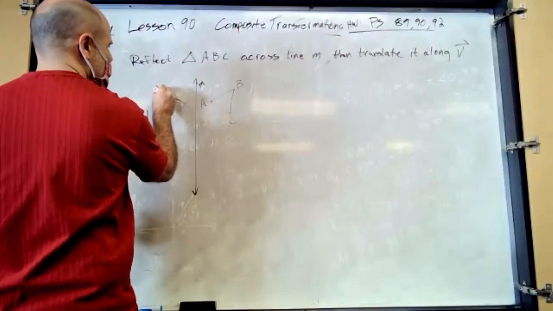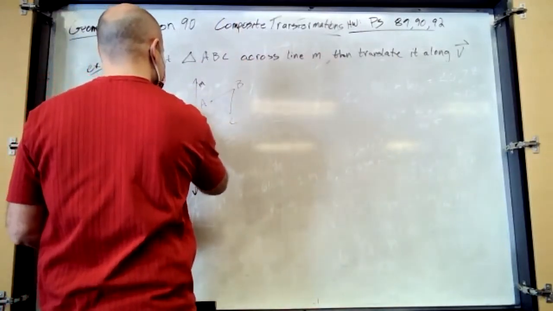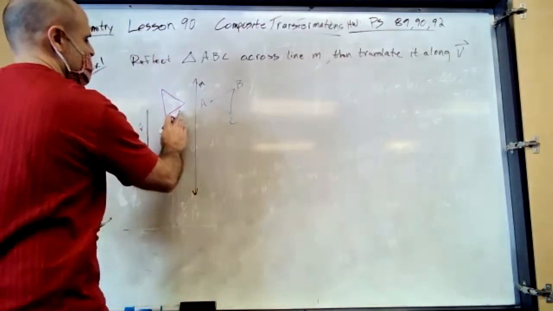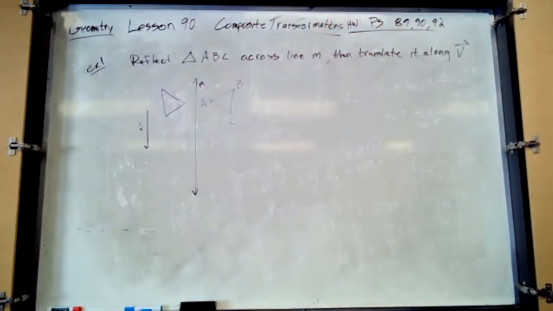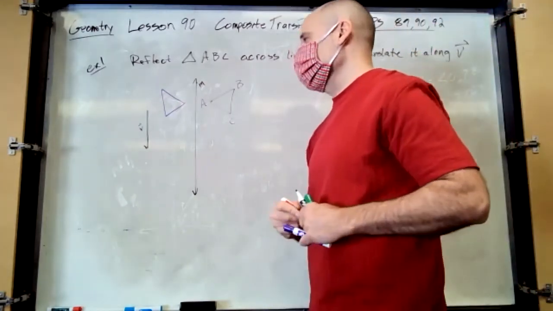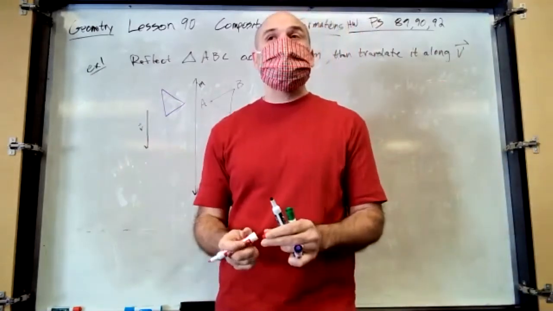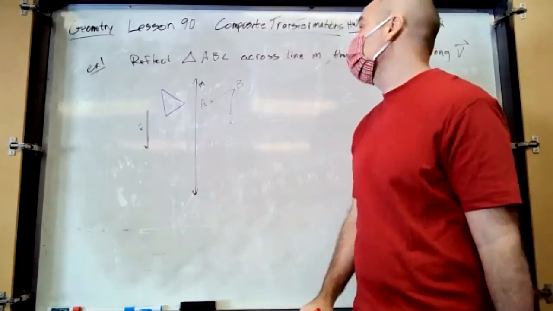You're going, hey, well, see how that's reflected across line M. Raise your hand if you see that. Actually, I think hers was better. It was more the shape. Yours is better. So now what does it mean to translate along vector V?